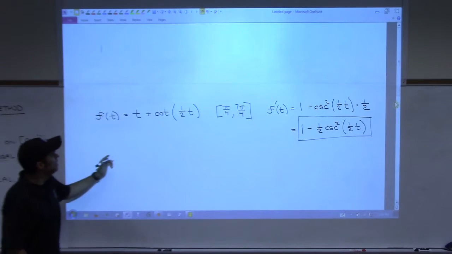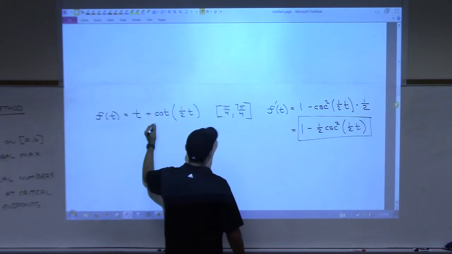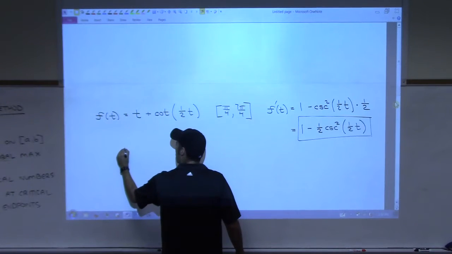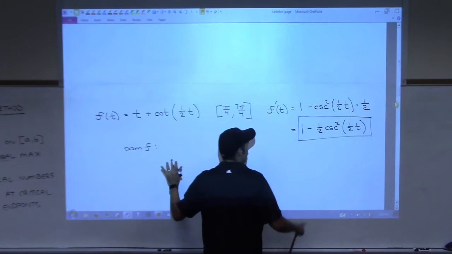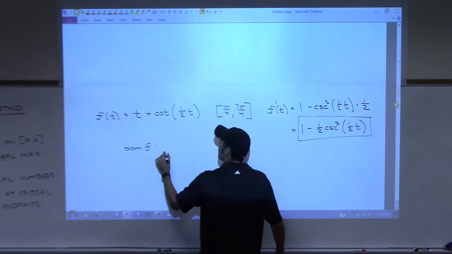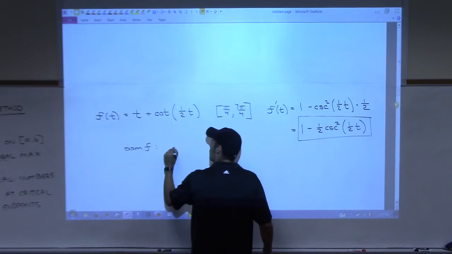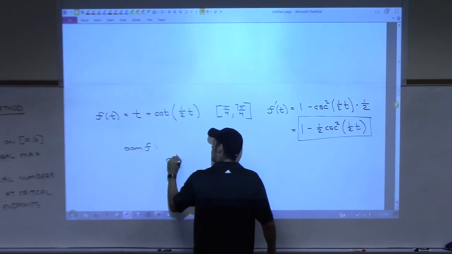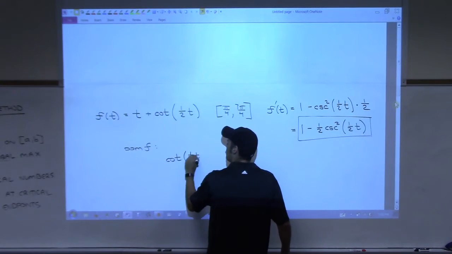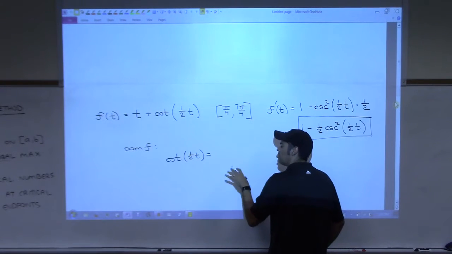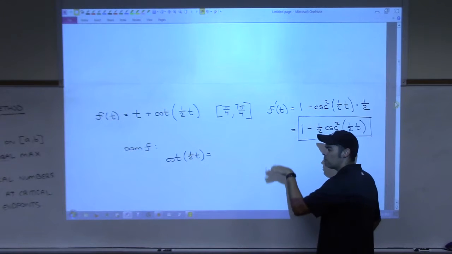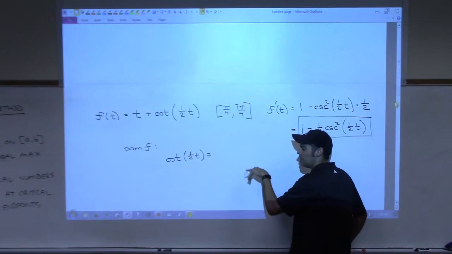Maybe. Let's see. What is cotangent? I'm looking into the domain of f right now. Sorry, I got ahead of myself there. Domain of this, well, let's look at cotangent. Cotangent of 1/2 t is the same as, let's switch it to sine and cosine instead. It would be cosine over sine.